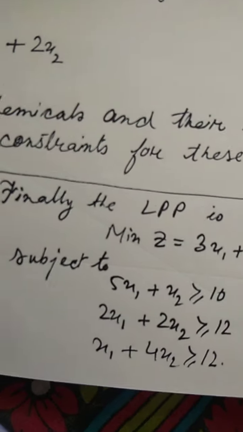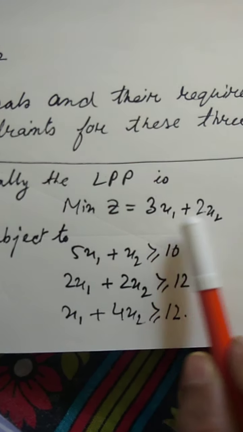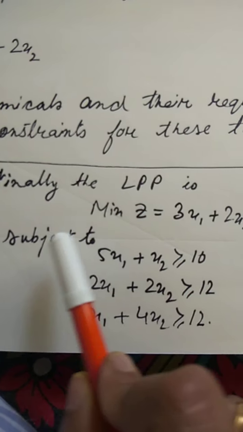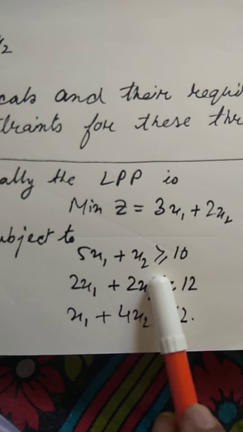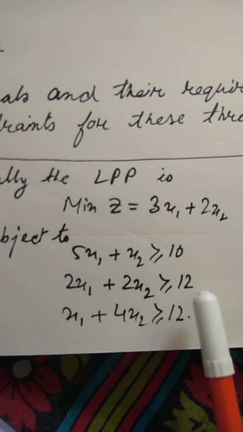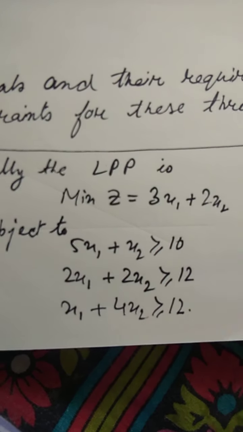Finally, we will write the LPP as minimize Z equals 3x1 plus 2x2, that is the cost, subject to the constraints 5x1 plus x2 greater than or equal to 10, 2x1 plus 2x2 greater than or equal to 12, and x1 plus 4x2 greater than or equal to 12 again.